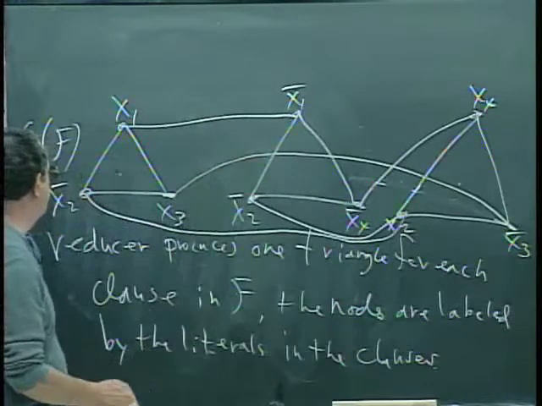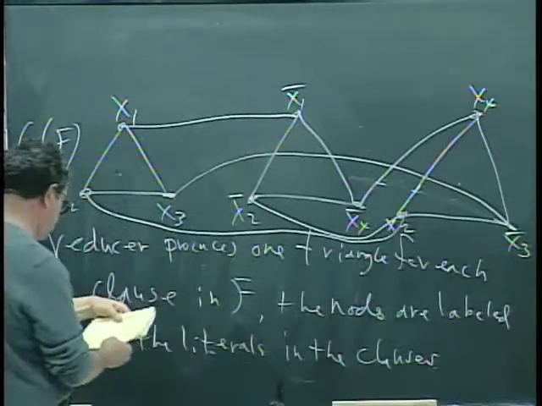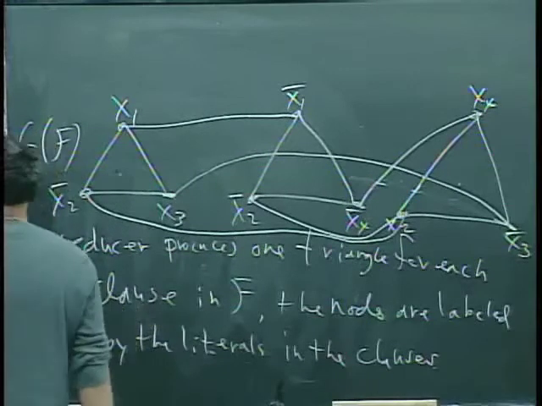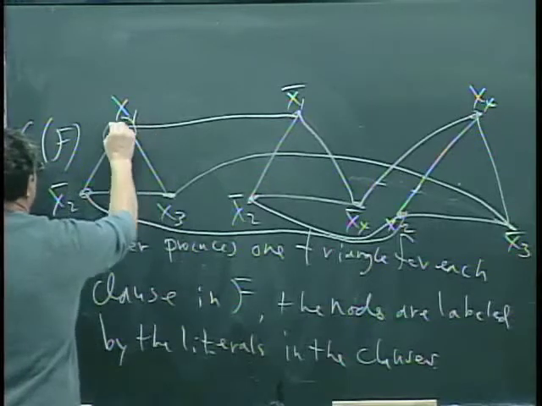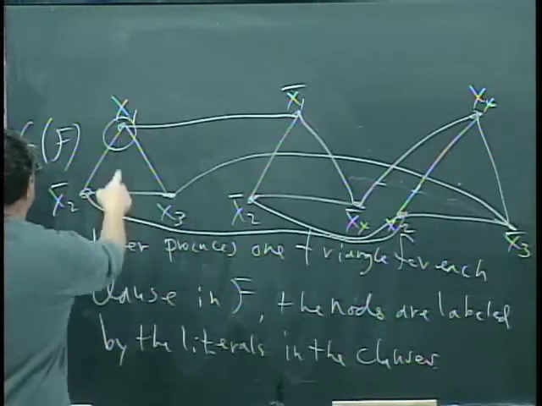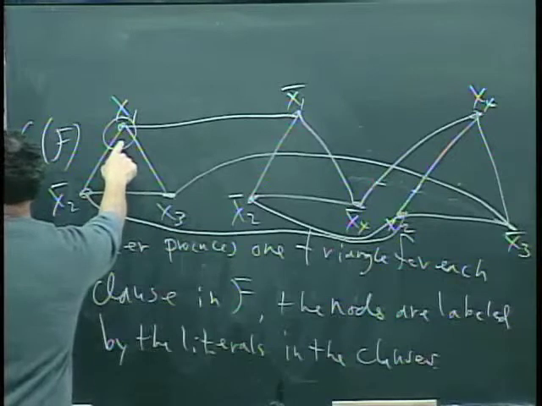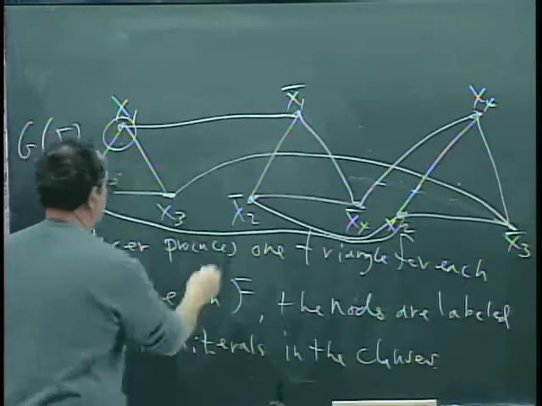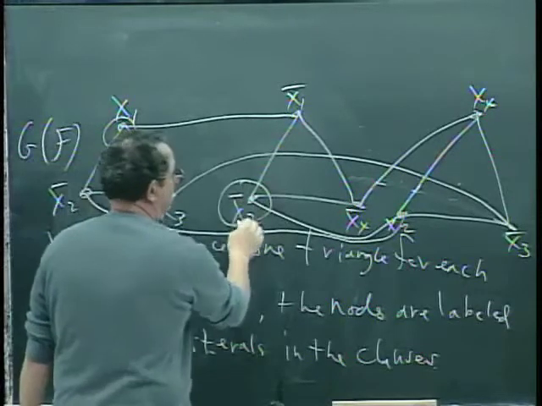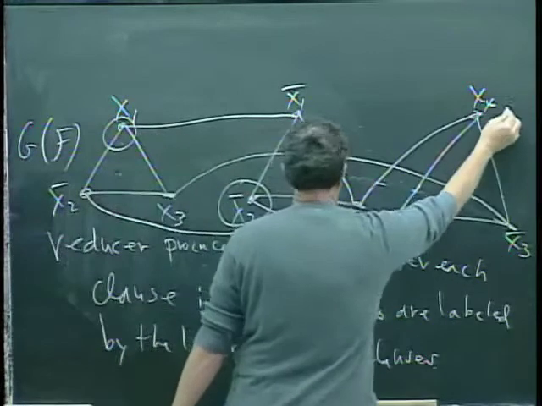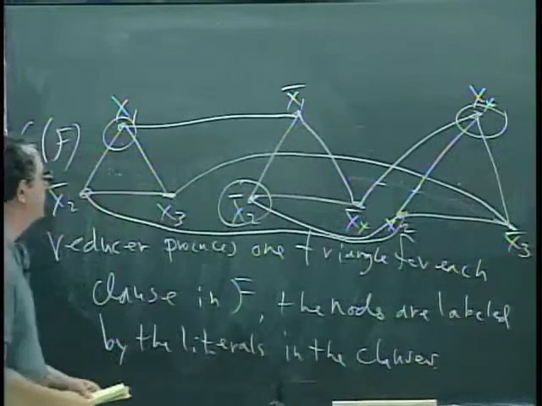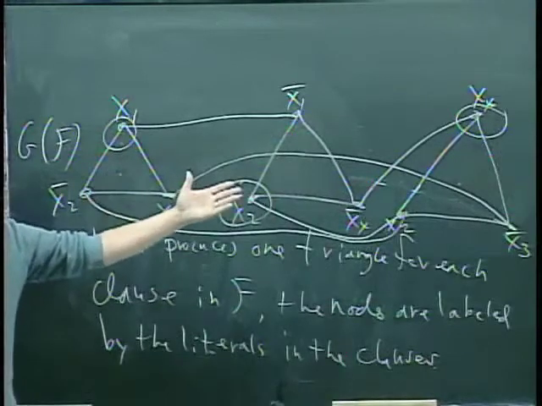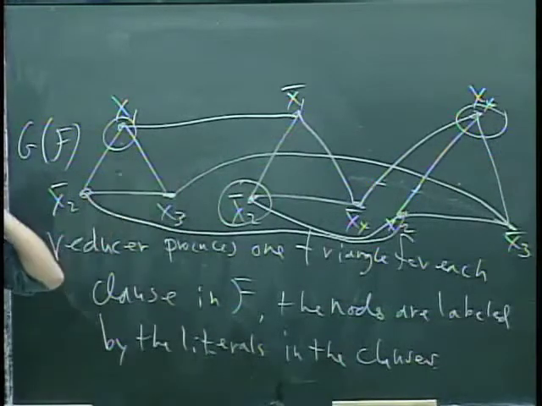So if I do find a subset that is an independent set with one in each triangle, let's say I take x1 there, and then I take x2 bar, and I take x4, okay, that's an independent set of size equal to the number of triangles, size equal to the number of clauses.